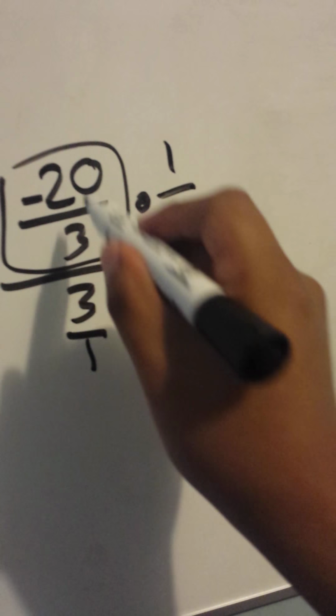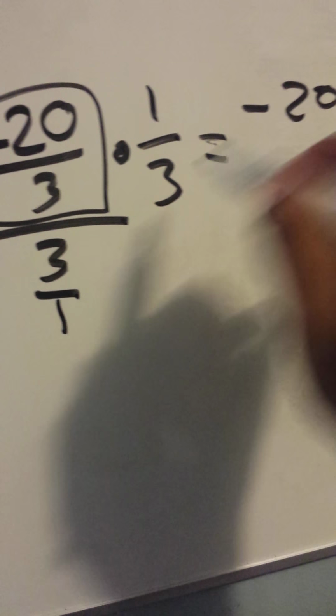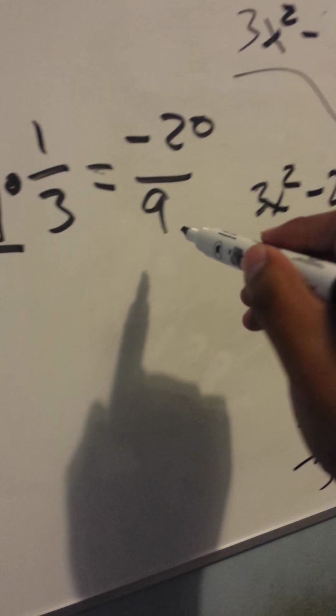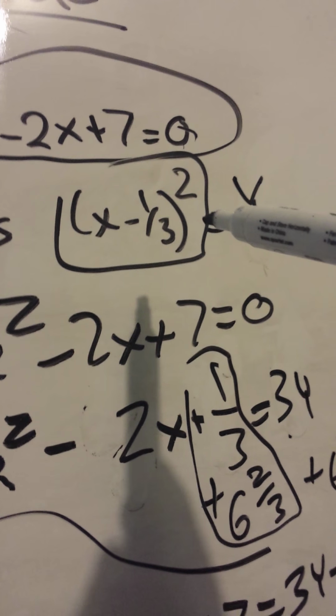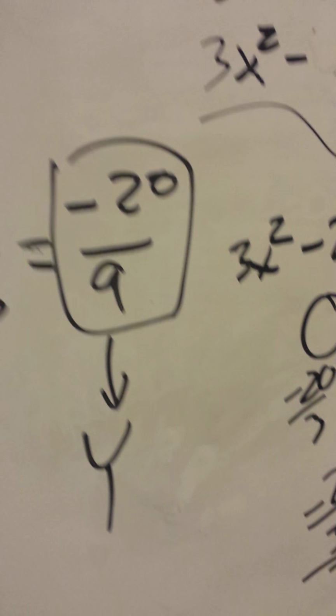So 1/3, negative 20 times 1 is minus 20, and 3 times 3 is 9. So at the end, we figure out that this is our y, or the value for x minus 1/3 squared. So this is our answer, minus 20/9. Pretty hard problem.